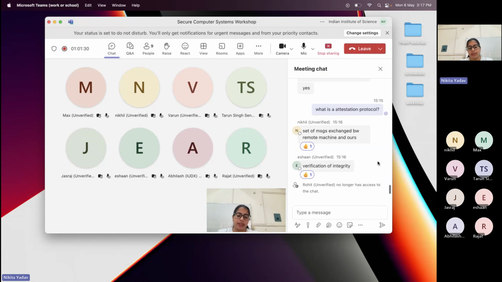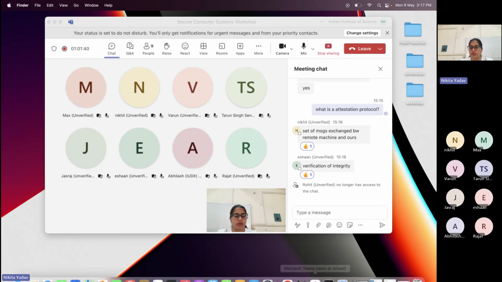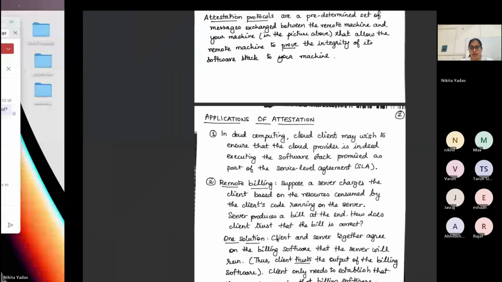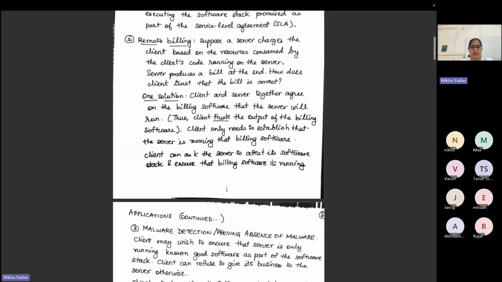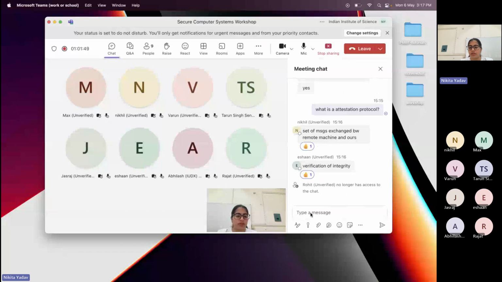And the property here in this case was to verify that your cloud provider's remote machine is using a particular software stack. That was the attestation. Now, what we discussed was secure boot, particularly the secure boot attestation protocol.